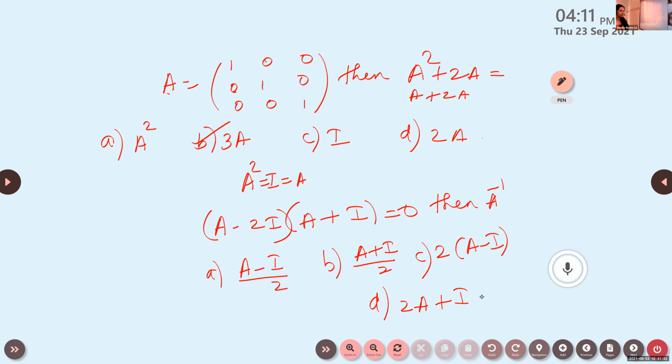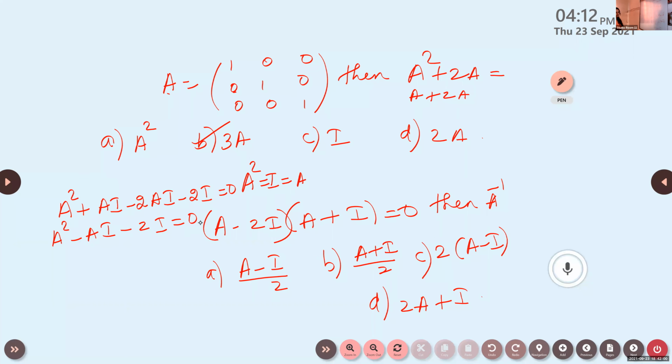What is the answer? So when you expand it, what you will get? A square plus AI minus 2AI minus 2I is 0, isn't it? So we get A square minus AI minus 2I is 0.